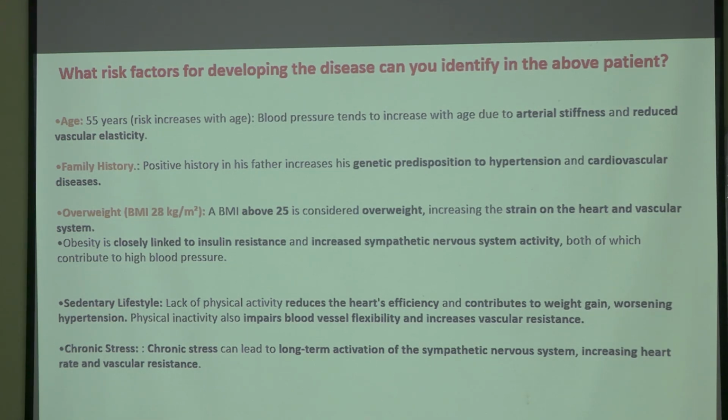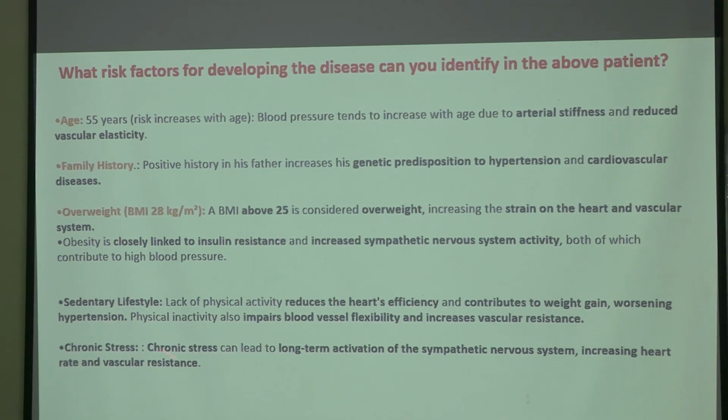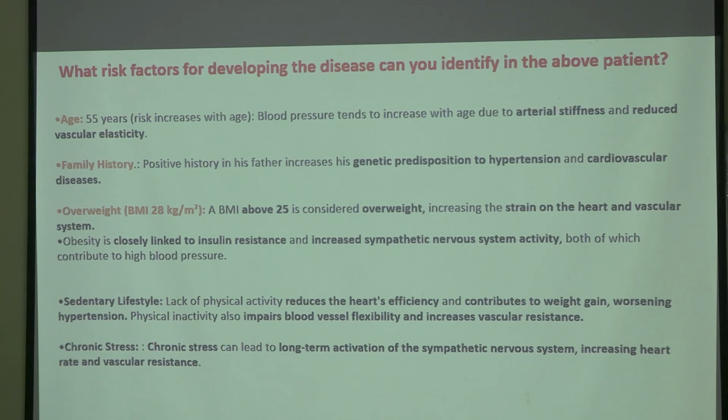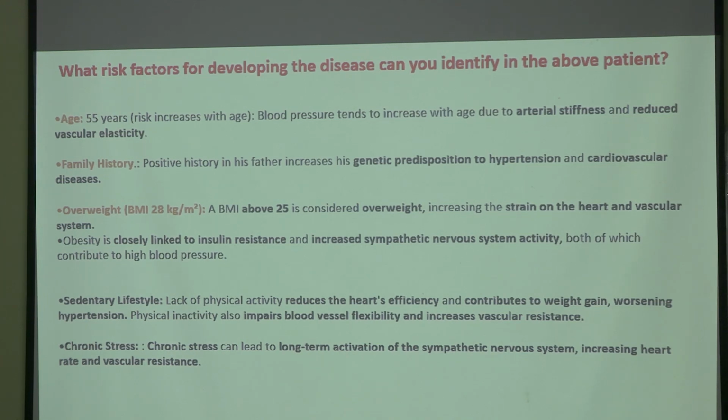Along with these factors, some stress, if it is chronic stress, also leads to long-term activation of the sympathetic nervous system, and this long-term activation ultimately leads to an increase in heart rate as well as vascular resistance. If there is high resistance in the blood vessels, obviously there will be high pressure, leading to the development of hypertension.